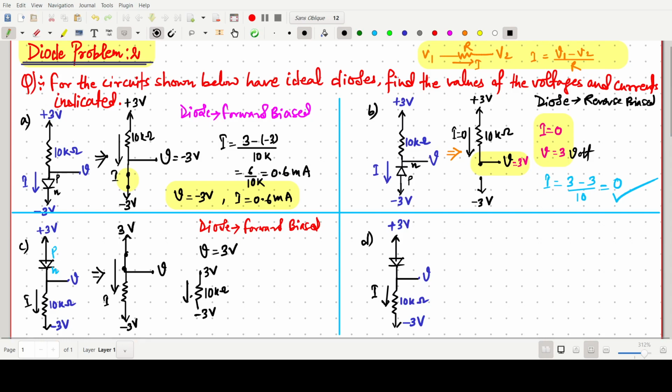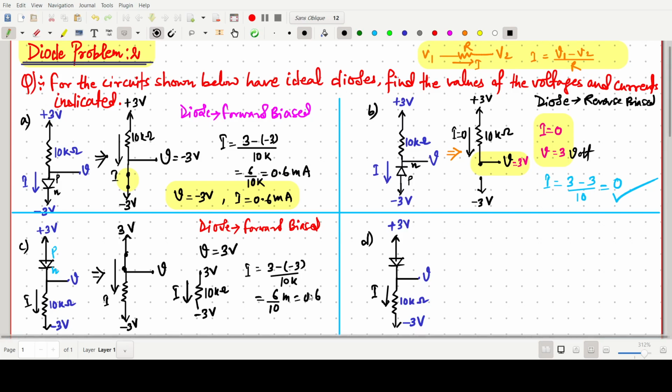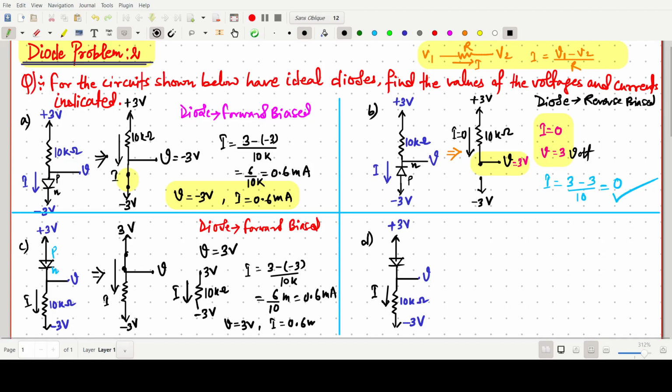We have to find this current I. So this I will be 3 minus of minus 3 by 10 kilo ohm. So it should be 6 by 10 milli, means 0.6 milliampere.